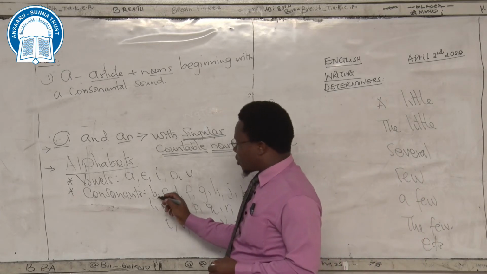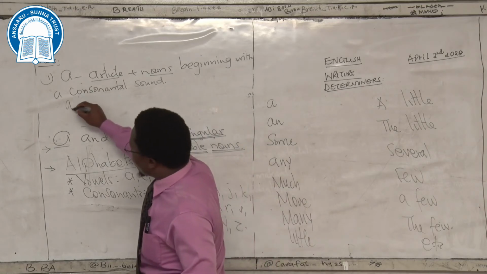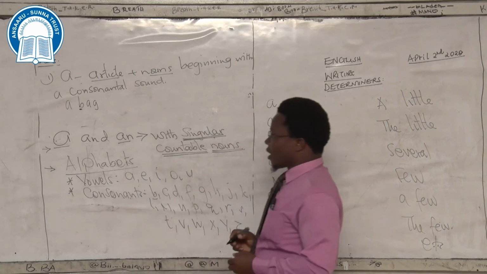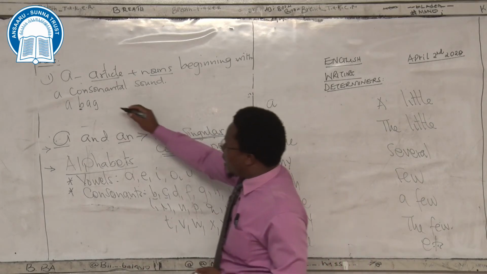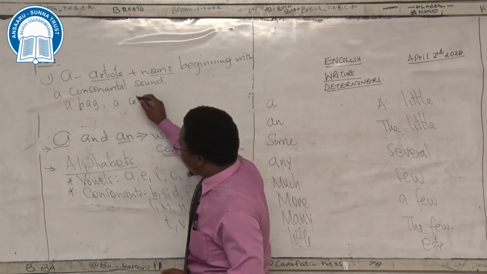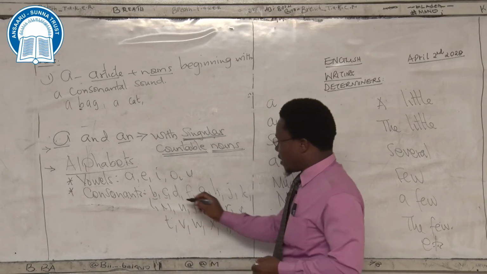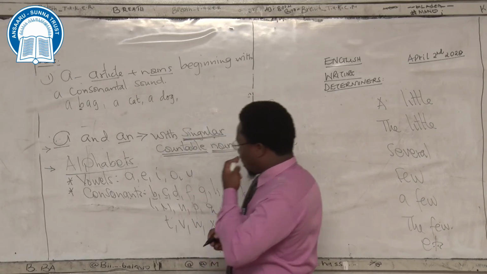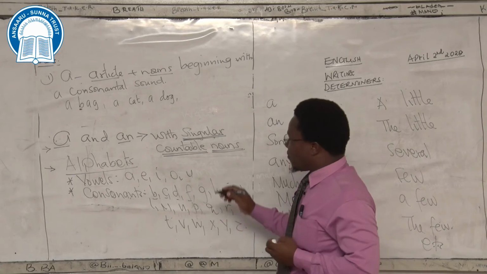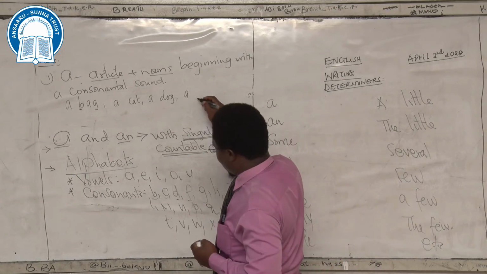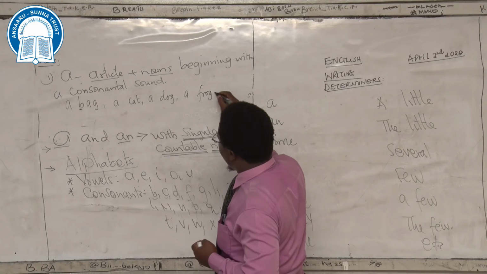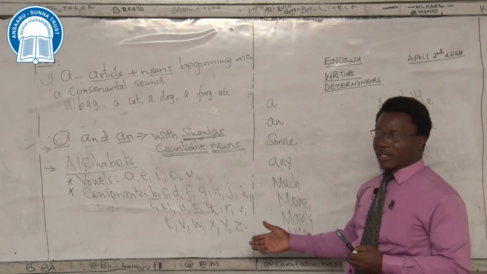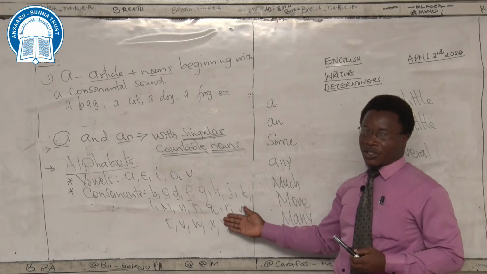If we take the first one, we can form such a word as a bird. If we take the second one, we can form such a word as a cat. If we take the third one, we can form such a word as a duck. And finally, if we take the last one, we can form such a word as a frog. You can form as many words as you can using these consonantal sounds.